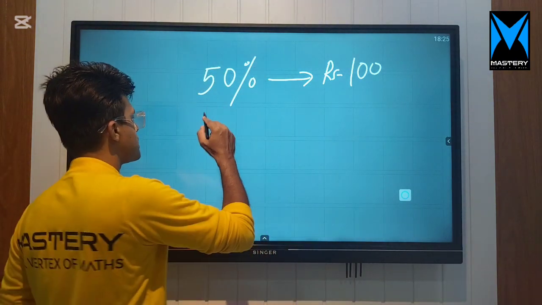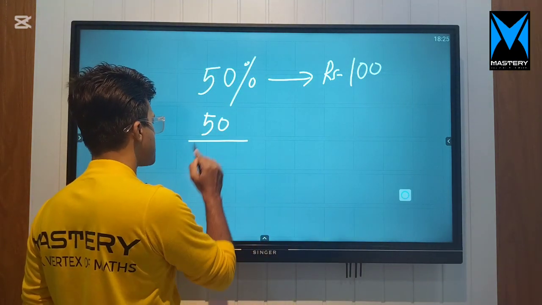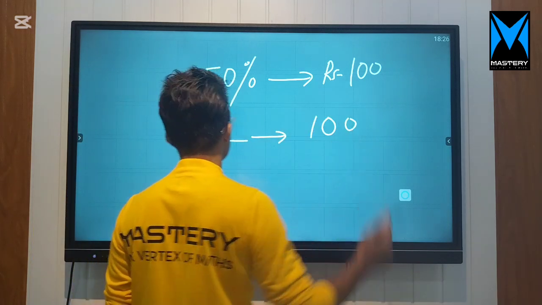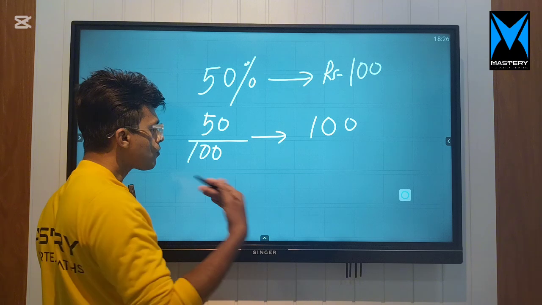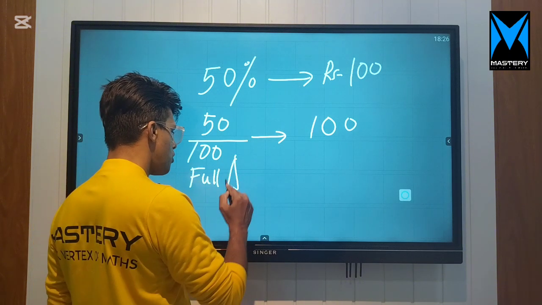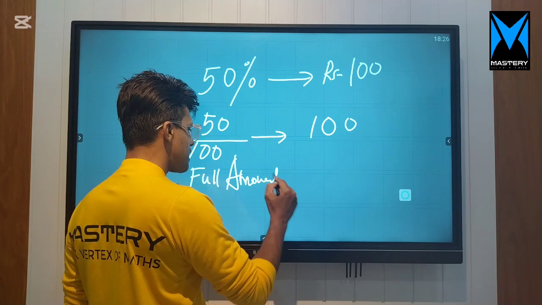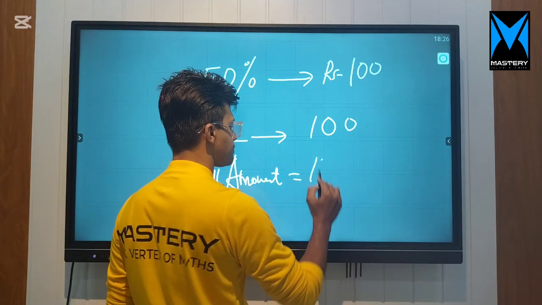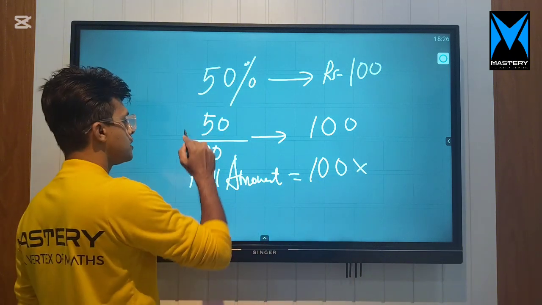The full amount can be found as follows. This 50% means 50 over 100, and 50 over 100 means 100 rupees. How can you get the full amount? By multiplying by the reciprocal of this fraction.